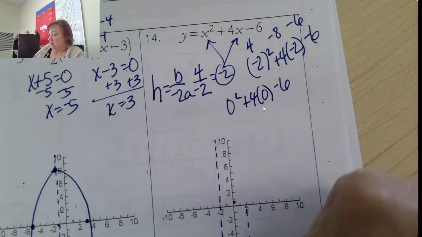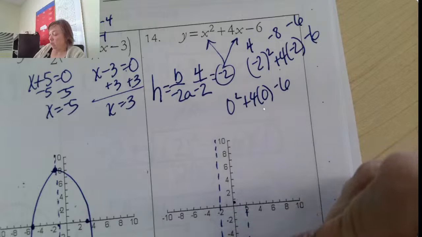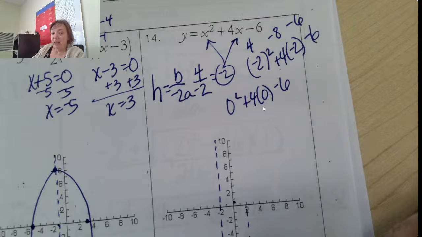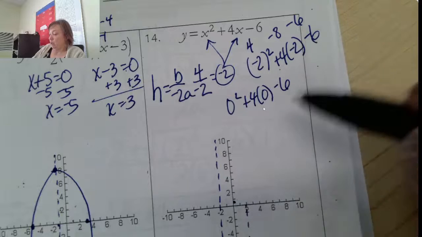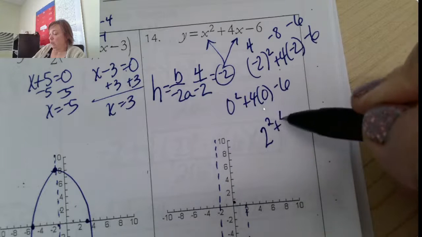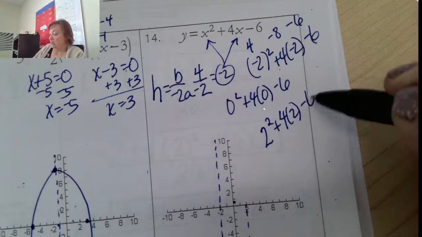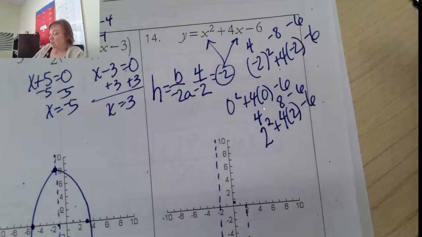That means that we've got a matching point over here. And then we could pick maybe 2. Do you think 2 would be a good one to put in there? So 2 squared plus 4 times 2 minus 6. That's going to be 8 and 4, 6.